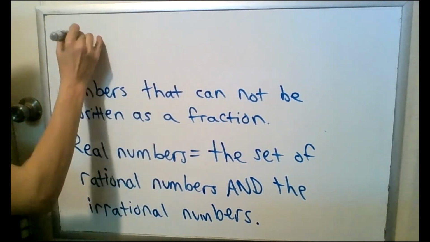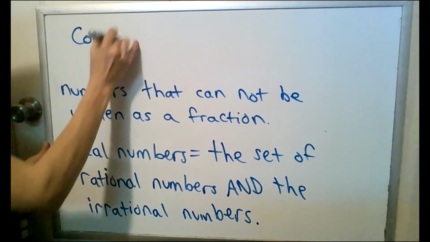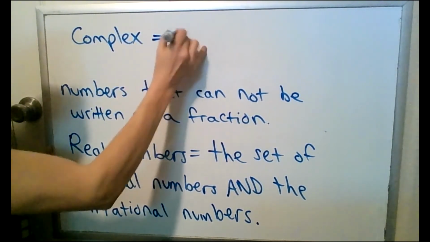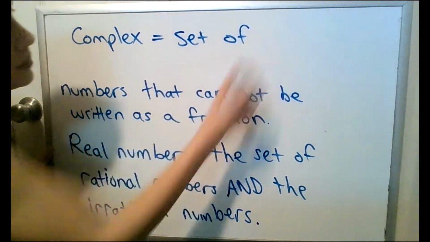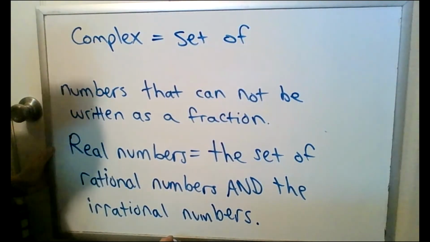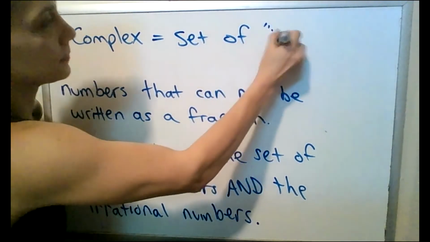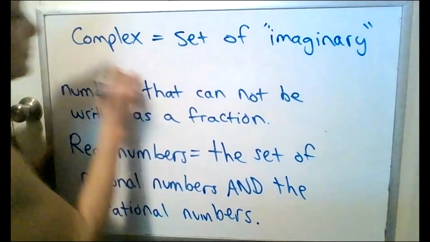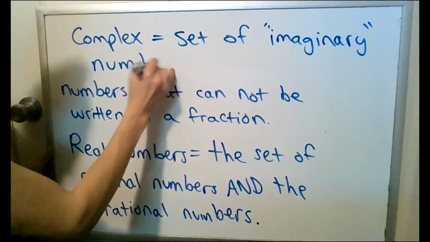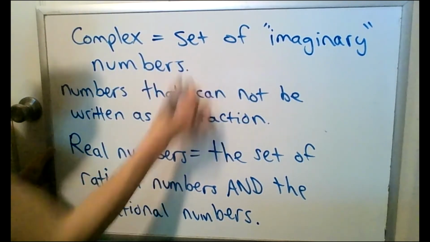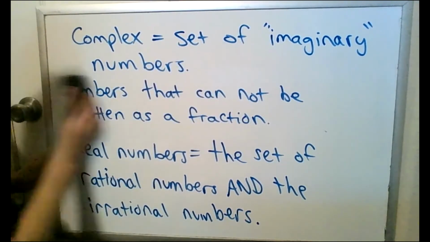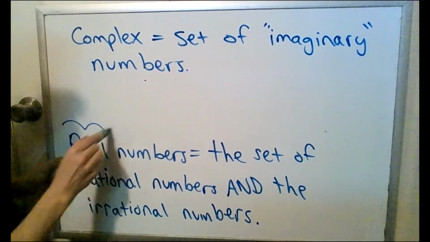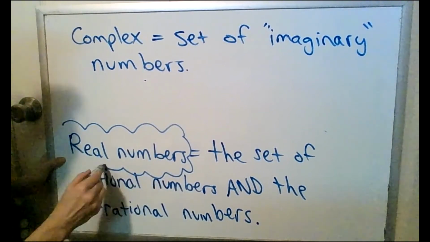Complex numbers is usually where we stop as the set of numbers that we call imaginary. But again, our class and most math classes just stay here in the real numbers.